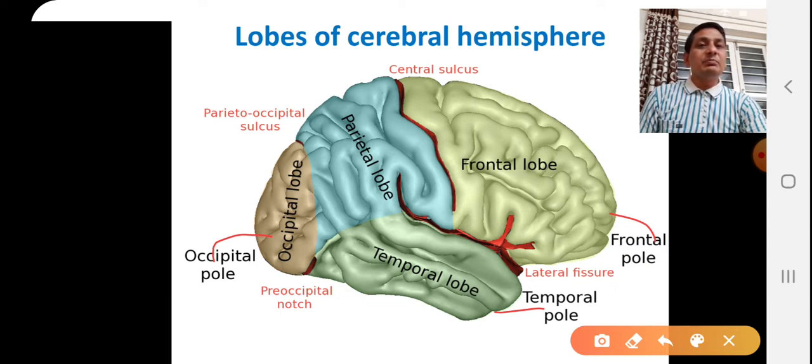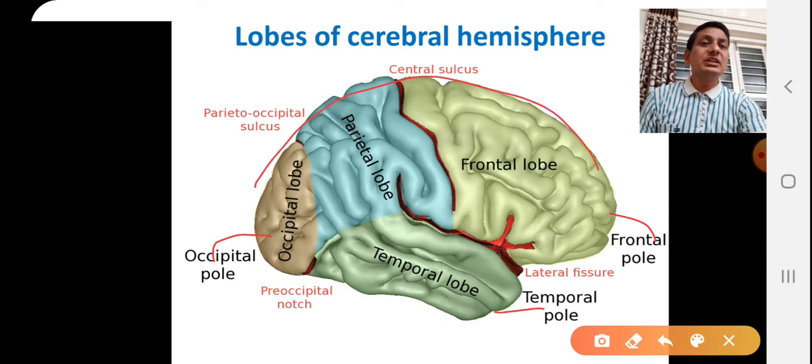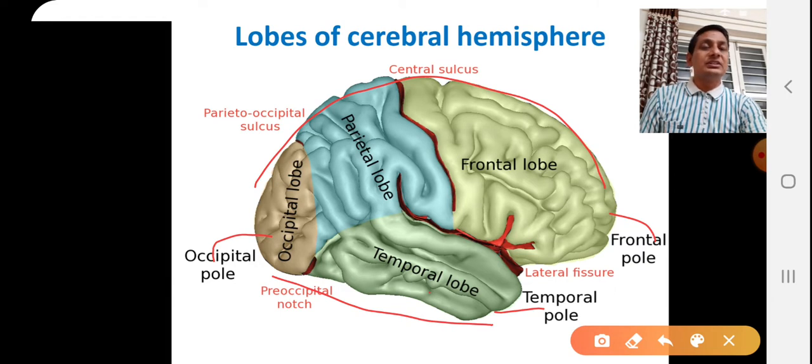Then three borders: this is the superior border, then the inferolateral border and next is the inferomedial border. Three borders, three surfaces: this is the superolateral surface, medial surface and inferior surface.